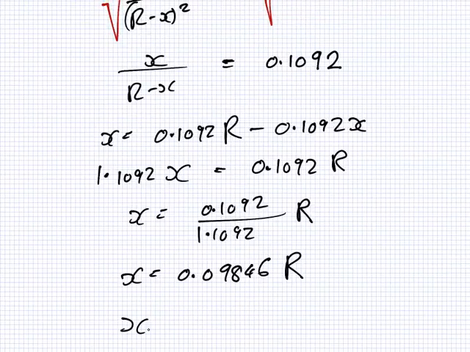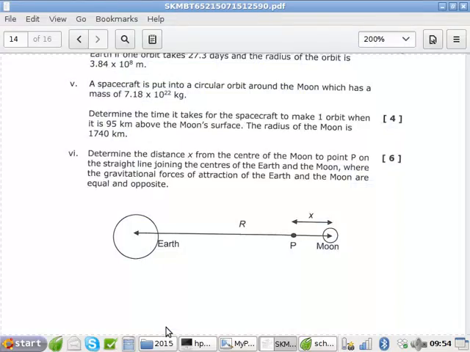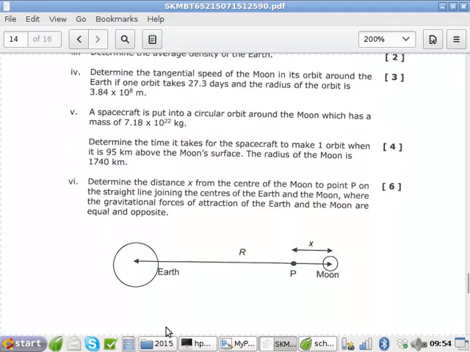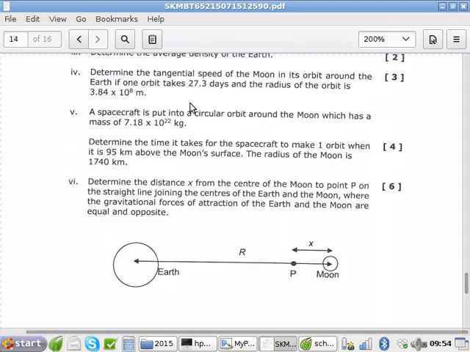Do I know the distance between the Earth and the Moon? Did they give it to me? No. Wait, it's from earlier. Here it is. This is the radius of the orbit of the moon, 3.84 times 10 to the 8.